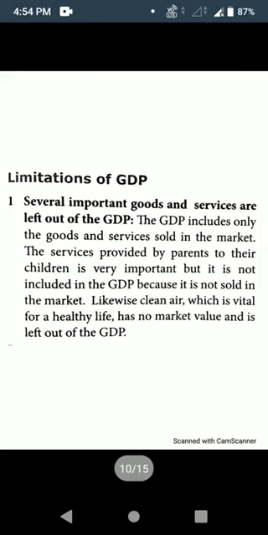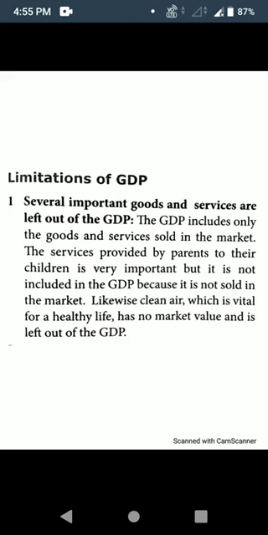Next, we are going to see the limitations of GDP. What is the meaning of limitations? Tamil will say kuraipadu. That is, disadvantage. What are the disadvantages of GDP? There are 4 disadvantages. First one, several important goods and services are left out of the GDP.